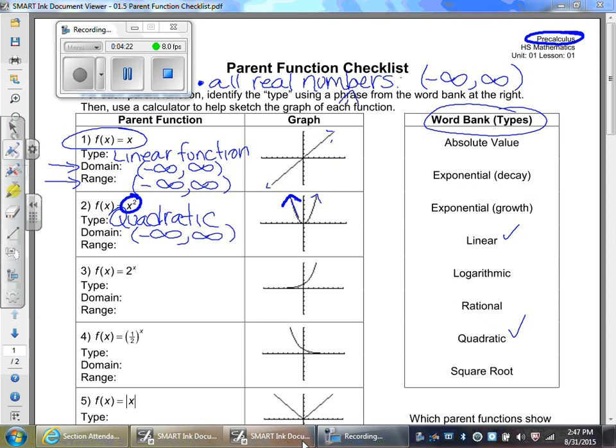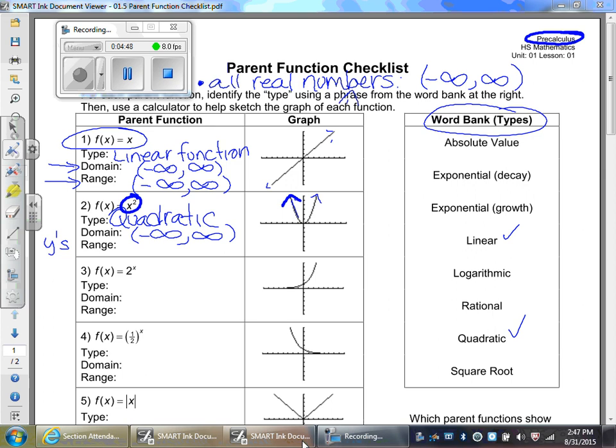Okay, now for the range, remember we're talking about our y values, or the output. So think about something. Justin, if I square negative 2, well, what will my answer be? Negative 2 times negative 2? Positive 4, and I like that you added that positive in front of it.